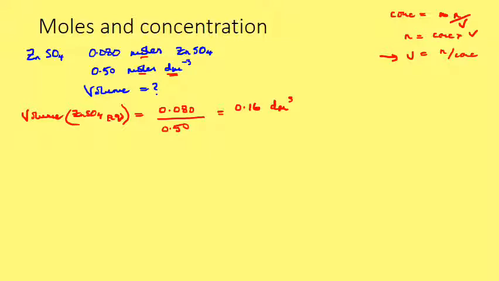Right, and the question might want to specify the volume in centimeters cubed. So if it's 0.16 decimeters cubed, you're going to multiply that by 1,000 to get the centimeters cubed. So you just take your decimal point along 3 places, so you get 160 centimeters cubed.